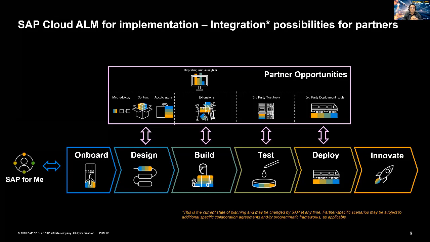And especially in partner scenarios, what I have noticed is that they typically build an entire CI/CD ecosystem, and then they would want to plug in tools at various stages, depending on the technology that they're deploying at the customer side. And we have seen this with multiple customers. So this is definitely going to be a big use case.